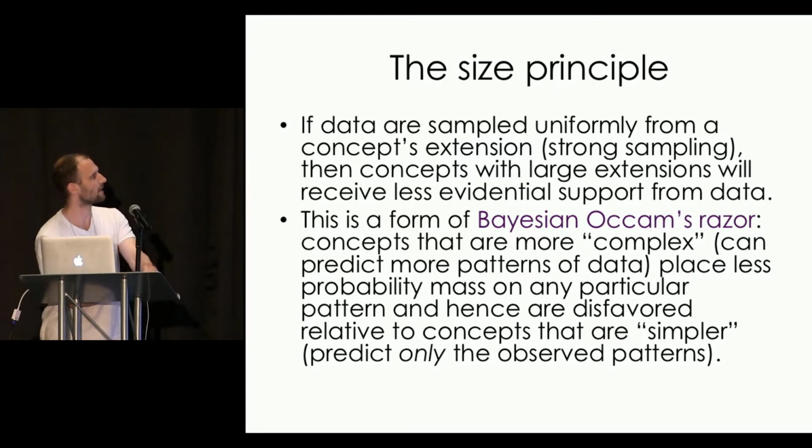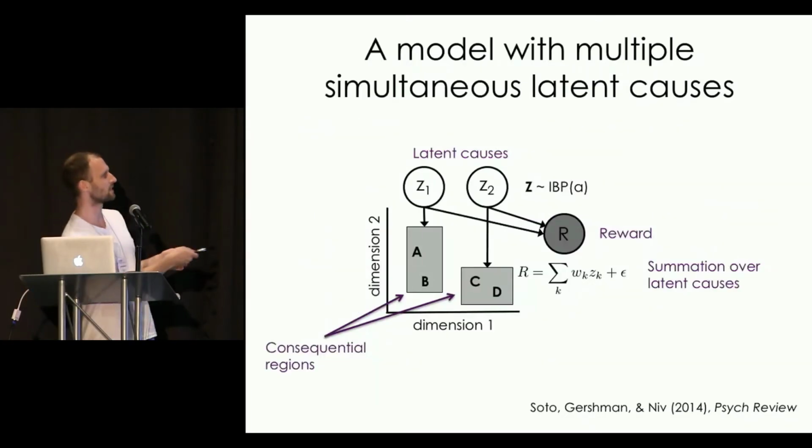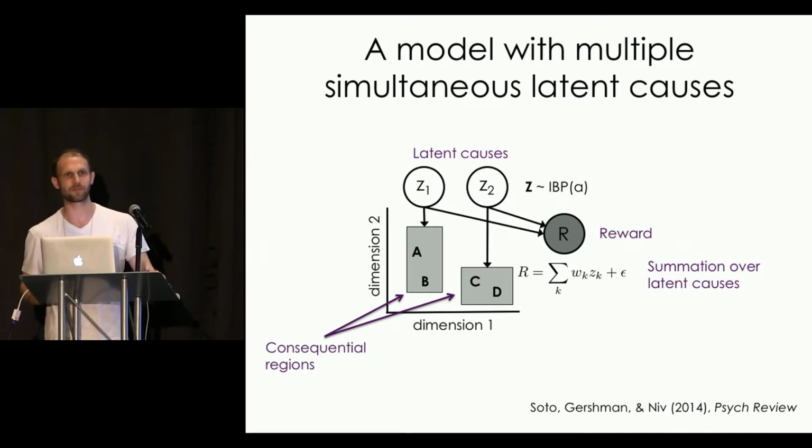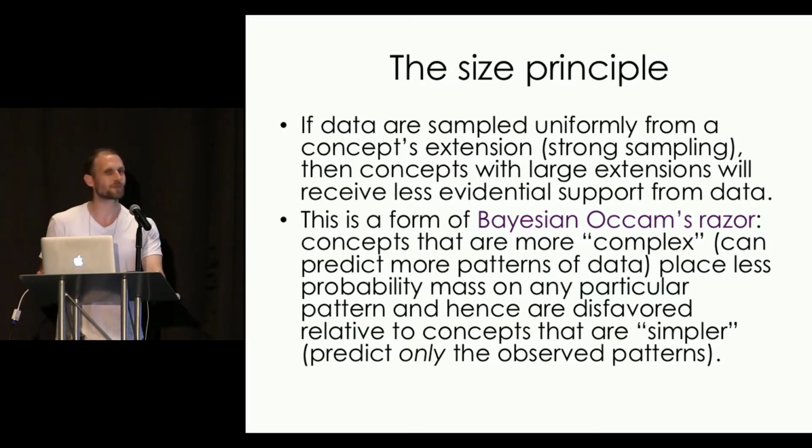The idea is that if data are sampled uniformly from a concept's extension, which is known as strong sampling, where a concept's extension corresponds to the consequential region, then concepts with large extensions are going to receive less evidential support from data than concepts with small extensions. One way to think about this is that the model is betting on particular data.